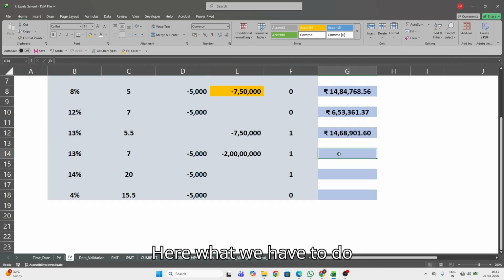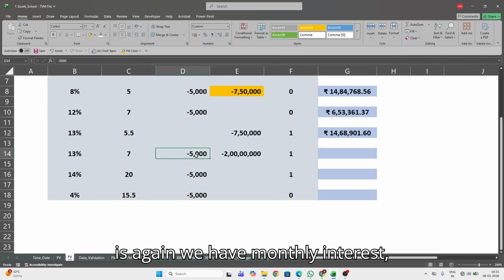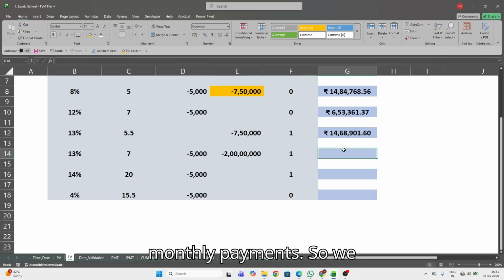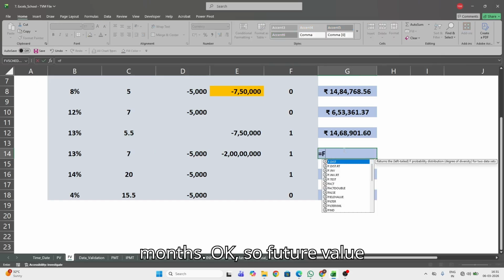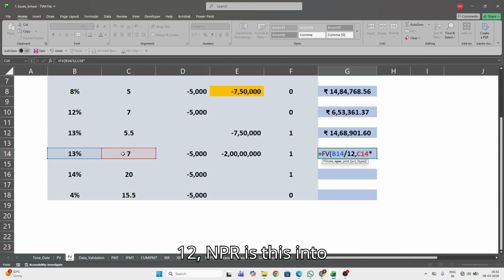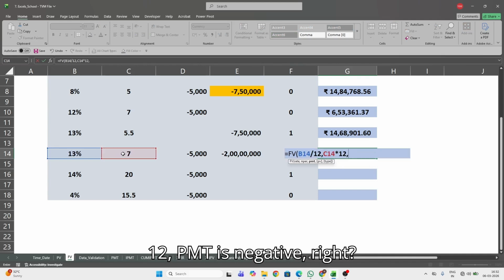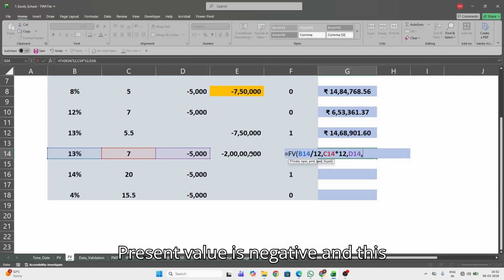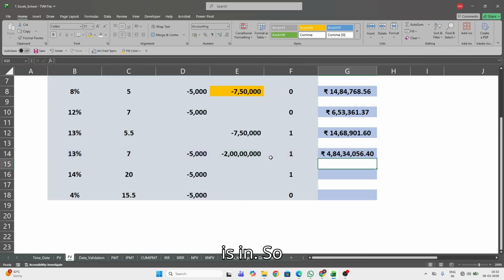Here what we have to do is, again we have a monthly interest, monthly payments, so we have to calculate based on months. Okay, so future value: rate is this divided by 12, comma, NPER is this into 12, comma, PMT is negative, right? Present value is negative, and type is 1.